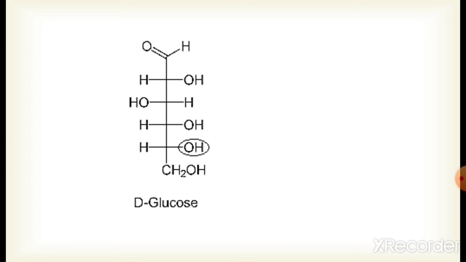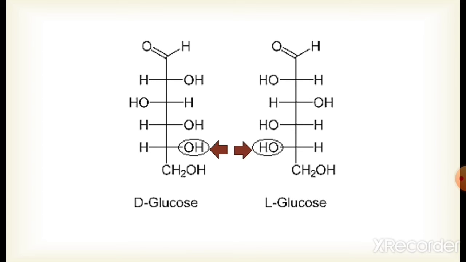Okay, and look at this figure. In this figure the hydroxyl group is present on the left side of the carbon skeleton. That's why it is the levorotatory or L-glucose.